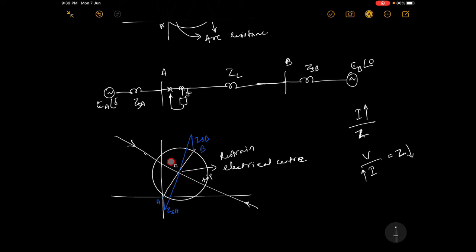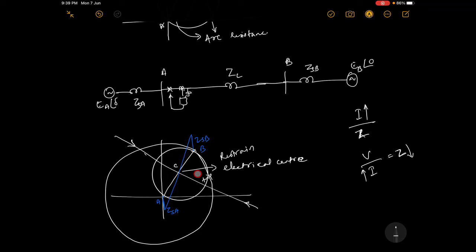The effects on the relay are less. That is, it will not operate if it is here. But in case of the impedance relay, the circle was this much, so you can see the effect was more, but here the effect is less.